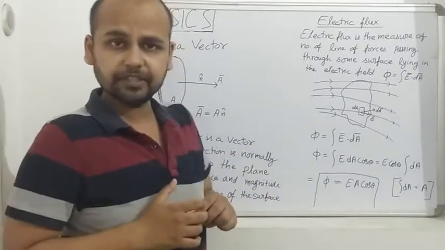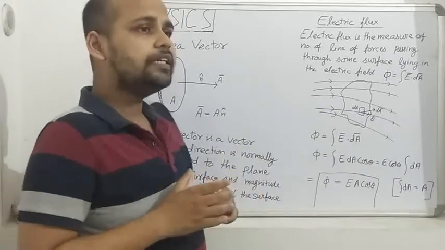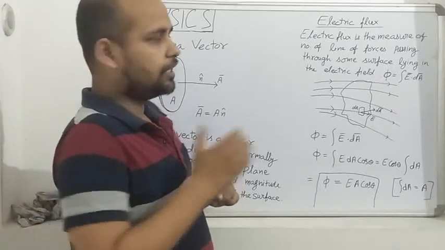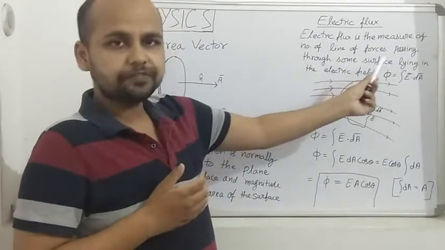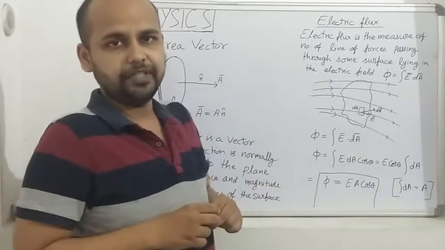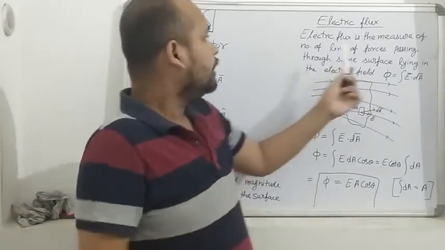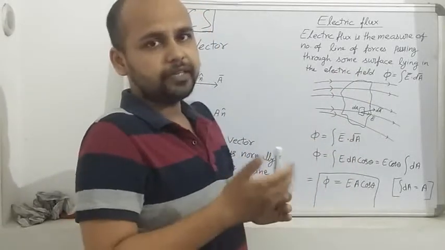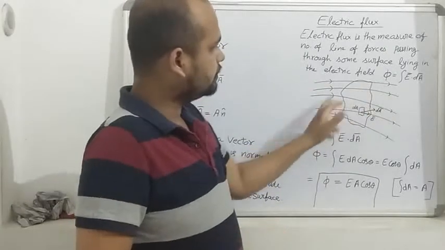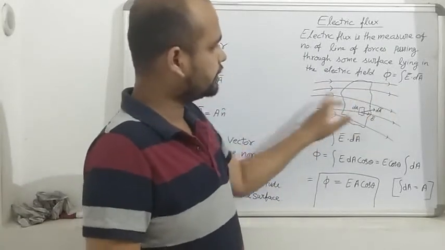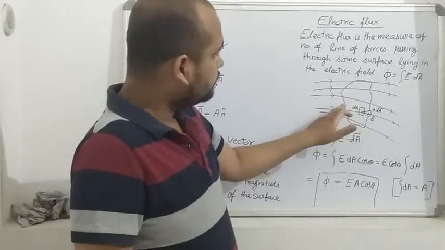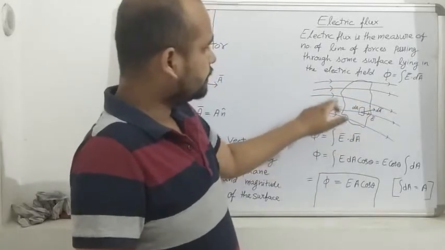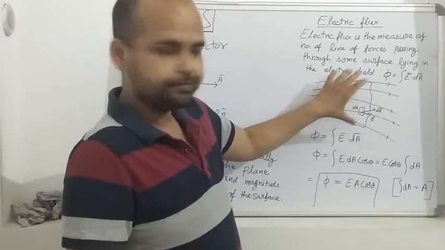So what is electric flux here? What is the meaning of electric flux here? Electric flux is basically the measure of the electric line of forces which are passing through some surface lying in the electric field. If there is a surface lying in an electric field, suppose this region is having an electric field, the direction is shown here, and we have considered a surface which is lying in this electric field.